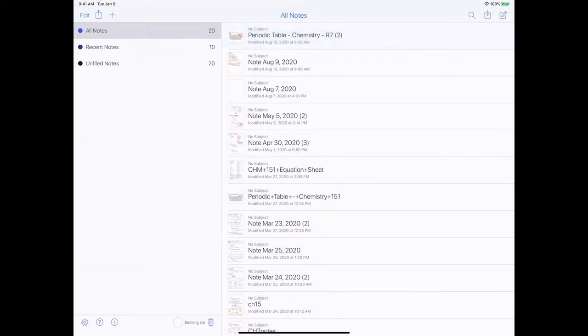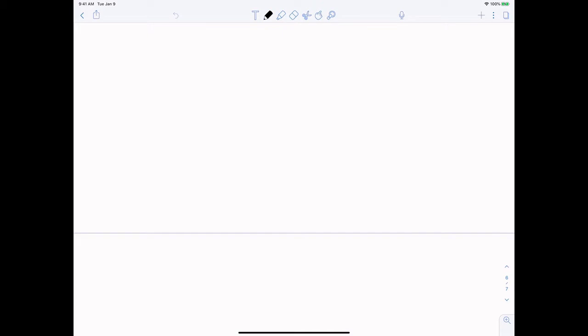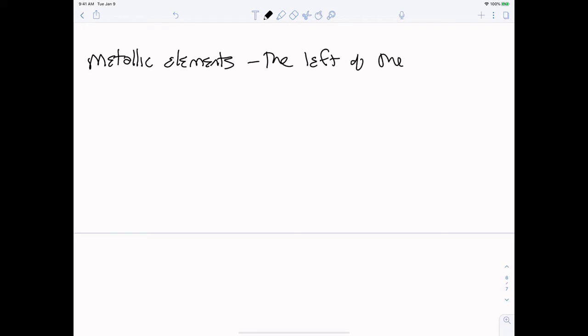So if we go back to our notes here, we have metallic elements, and these are to the left of that zigzag line. It probably has an official name, but I never heard it.